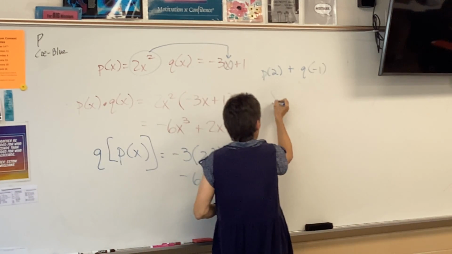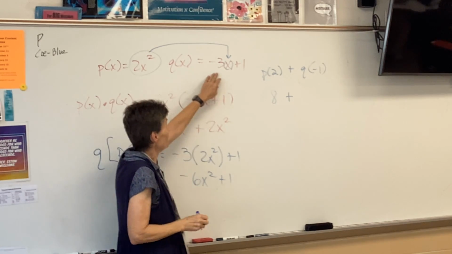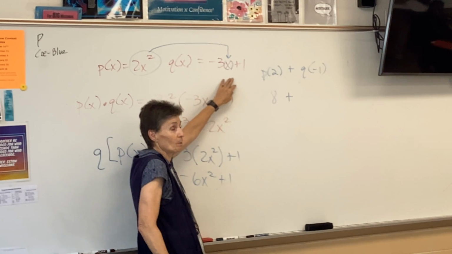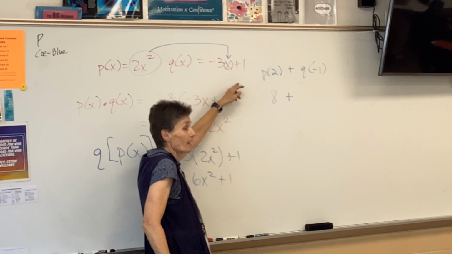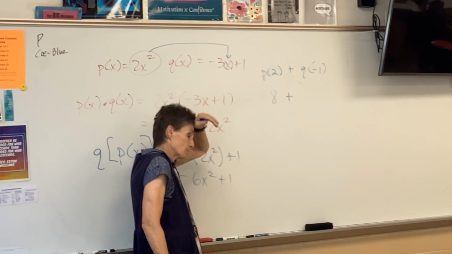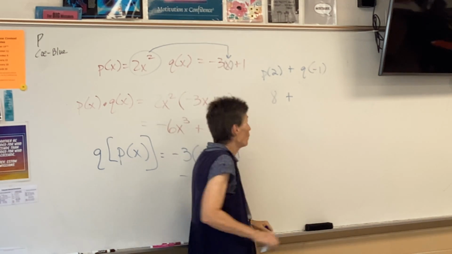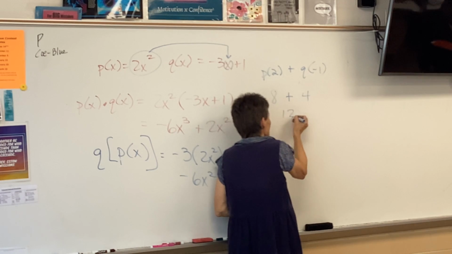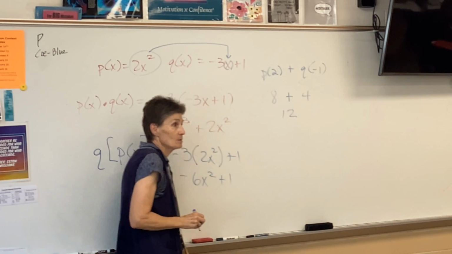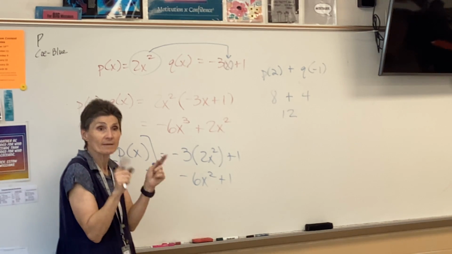So P of 2 is 8. Q of negative 1, carefully, when you put negative 1 in there, what do you get? Well, this part's 3, but then you have to add 1, so you get 4. So the answer to the problem is 12. Write each one individually, and then add them together.